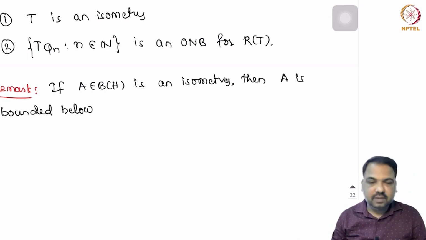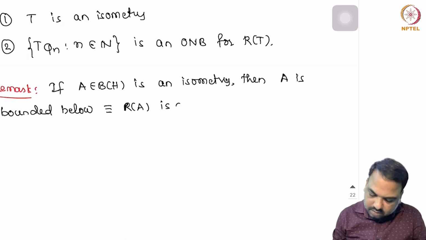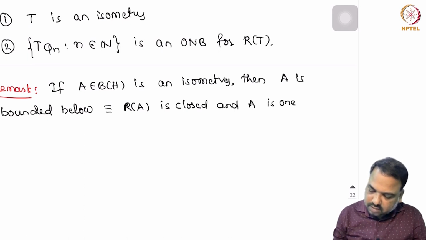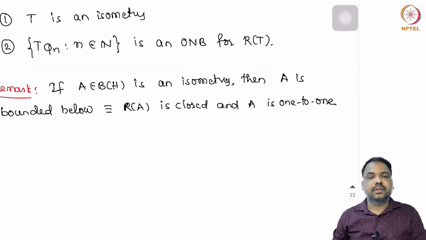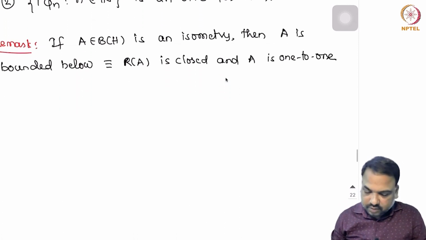So that means the range of A is closed and A is 1 to 1. So this is equivalent to the fact that the range of A is closed and A is 1 to 1. Okay. So let us look at the proof of the theorem.